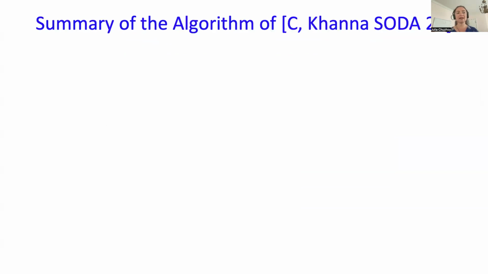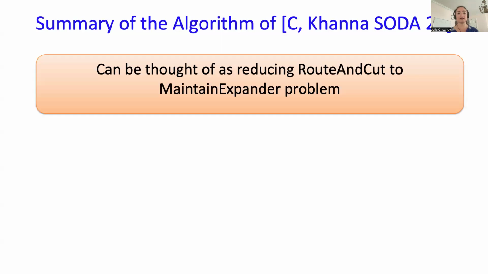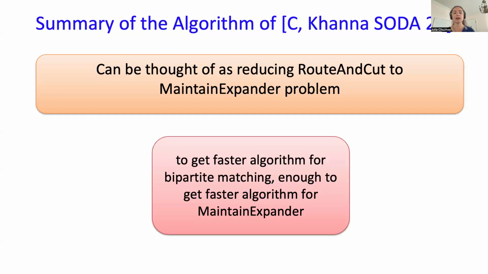So at a very high level, if we want to really summarize the SODA paper, we can think about it as a reduction from the route and cut problem to the maintain expander problem by using all of these technical tools that I mentioned. And so if we want to get a faster algorithm for bipartite matching, generally what we want is a faster algorithm for maintain expander. It's a little bit of an oversimplification, but that's what I'm going to focus on.